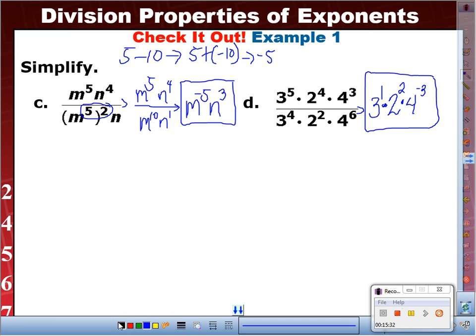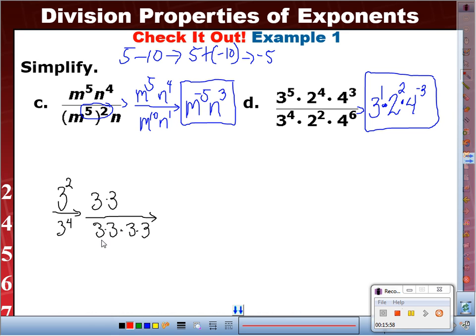Let me show you why. If I have 3 to the second over 3 to the fourth, pay attention to this one. I'm not going to use the quotient of powers property. I'm going to actually factor it out and simplify with factoring. This becomes what? 3 times 3, yes? This becomes 3 times 3 times 3 times 3.